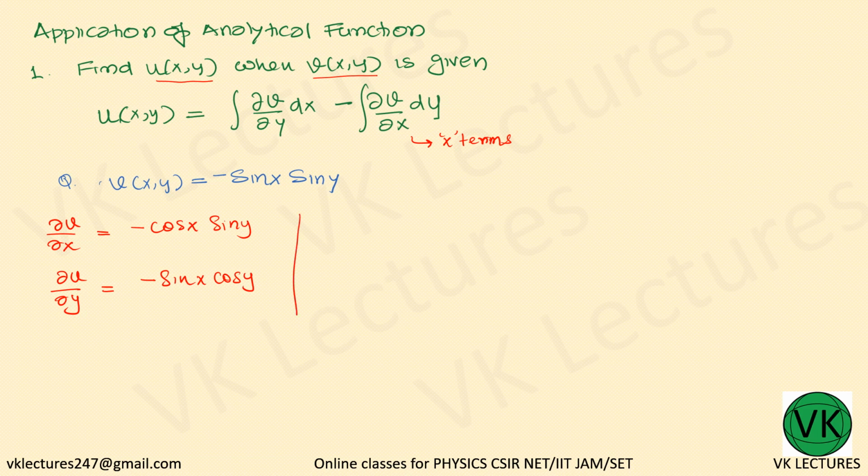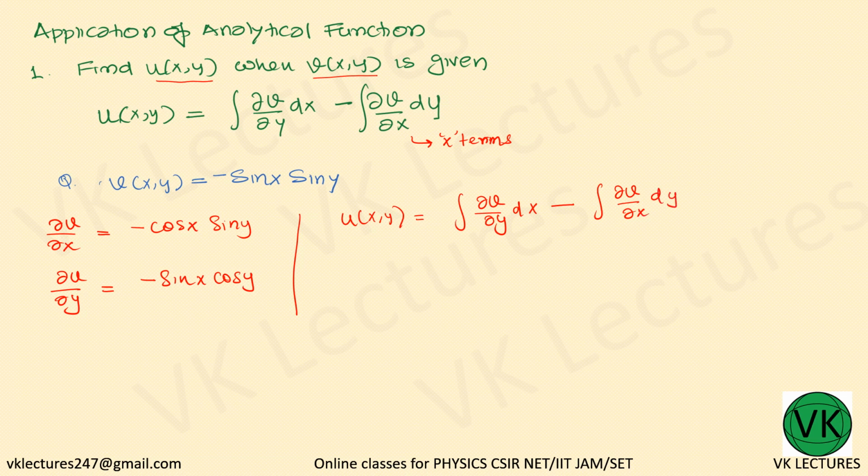Now u of x comma y equals integral of ∂v/∂y into dx minus integral of ∂v/∂x into dy.